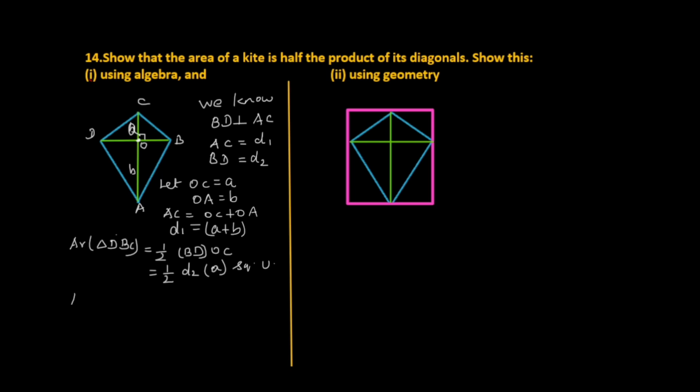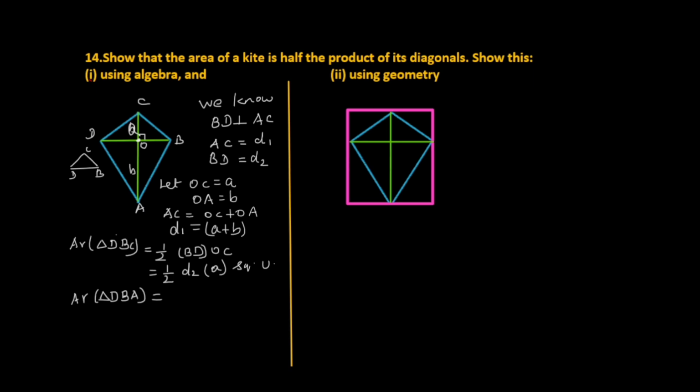Now take the next triangle, DBA. The diagonal BD divides the kite into two triangles.